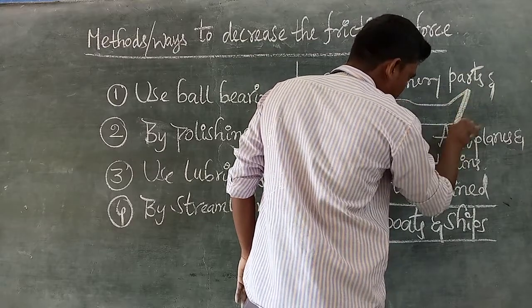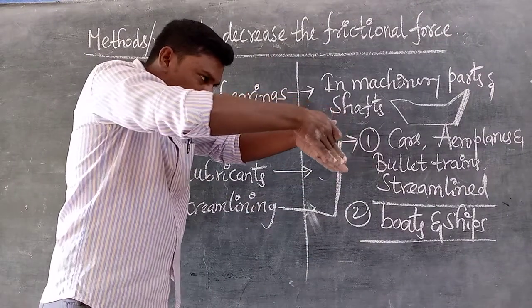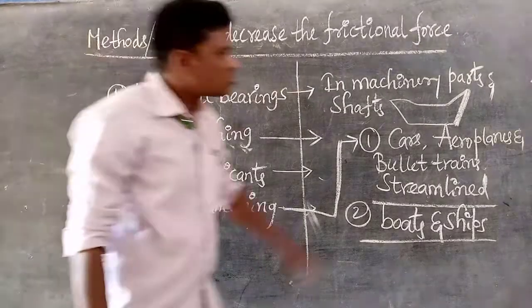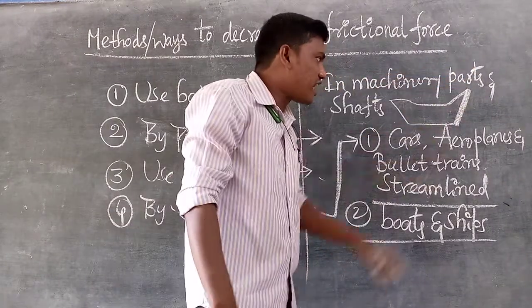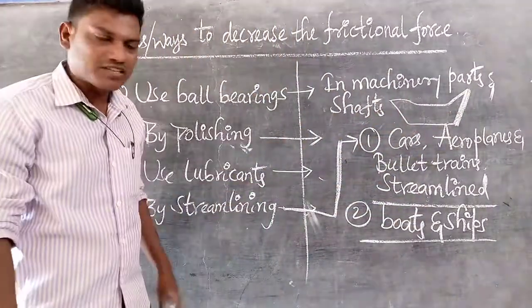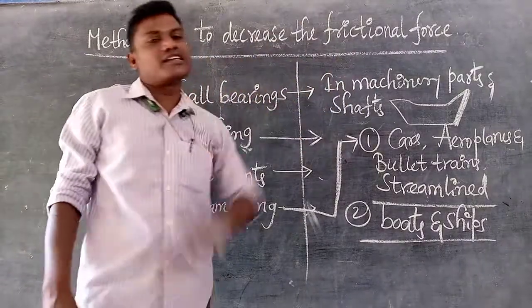In the front portion it is very narrow, and after that the width increases gradually. So why do boats and ships have a special design? The special design we call streamline, to decrease the water frictional force acting on it.